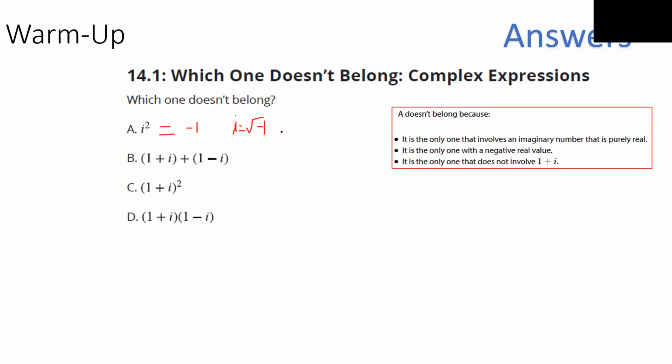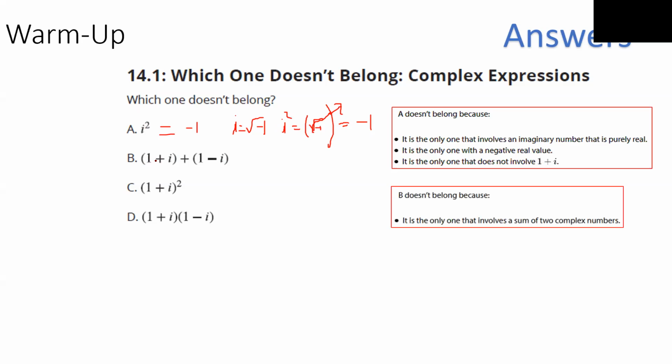If I square that, I would have to square the square root of -1, and the square cancels out the square root, so that equals -1. It is also the only one that does not involve a complex number, for example, a real with an imaginary. That's the reason why i squared doesn't belong.